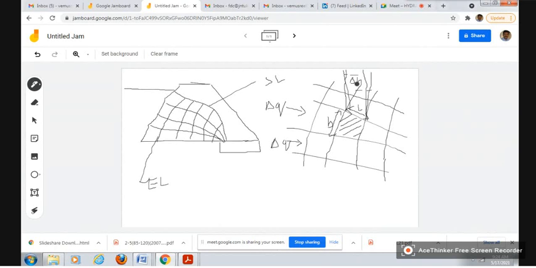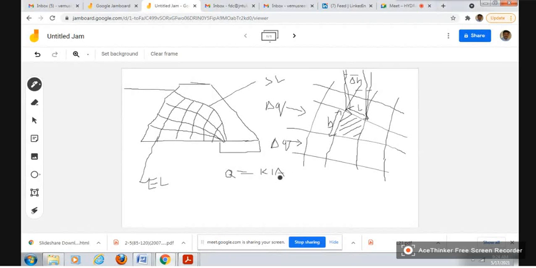According to Darcy's law, you know what Darcy's law is? Q is equal to K I A. K is the coefficient of permeability, I is the hydraulic gradient, and A is the cross-sectional area.